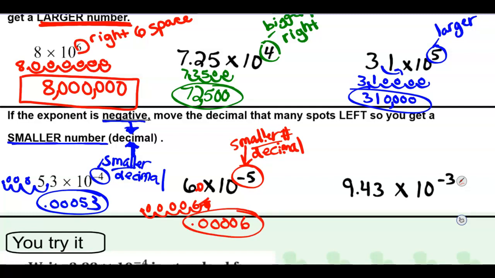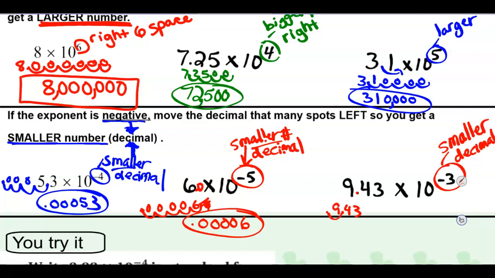And the last example here, let's look at, I have a negative exponent. So again, I know that I'm going to want a smaller number. The smaller number is our decimal. So that's going to help me figure out which way to go. If my decimal point is here, I know if I rewrite it down here so I can do my little swoopy things, I know if I go to the left, I'm going to get a smaller number.